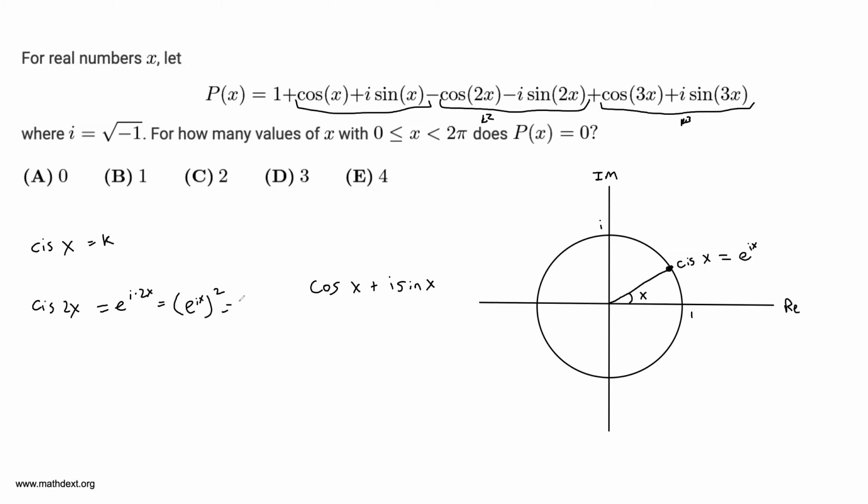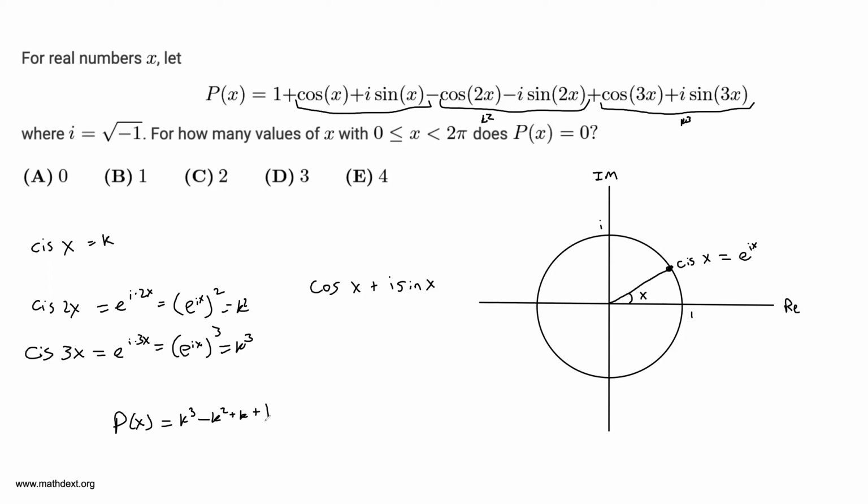That's k squared. And this term over here, cosine of 3x plus i sine of 3x, that's cis of 3x, is equal to e to the i times 3x, which is equal to e to the ix cubed, which is equal to k cubed. So p of x is equal to k cubed minus k squared plus k plus 1.